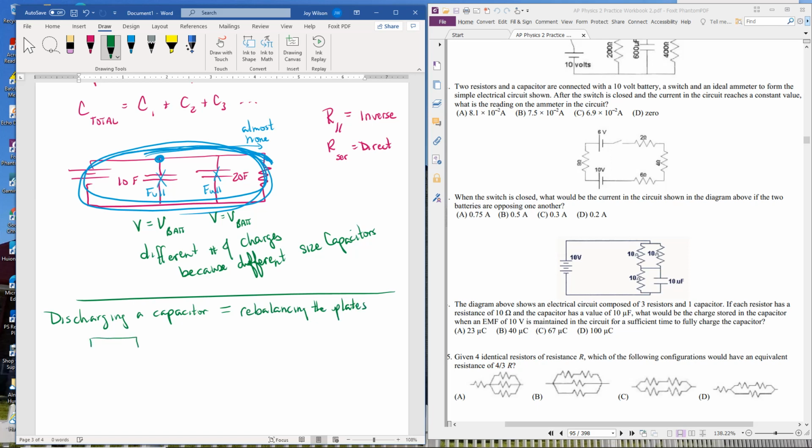You have a positive charge up here, you have a negative charge down here, and what we do is we make a connection, usually with a switch. The switch will connect the positive to the negative, and so all these negative charges will run up here, positives will run down there, and they will rebalance so that the two plates are neutral again.